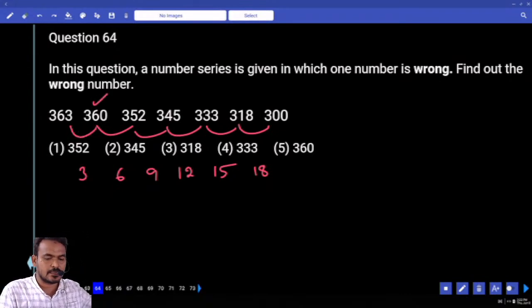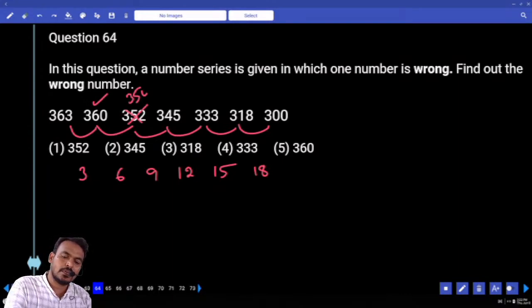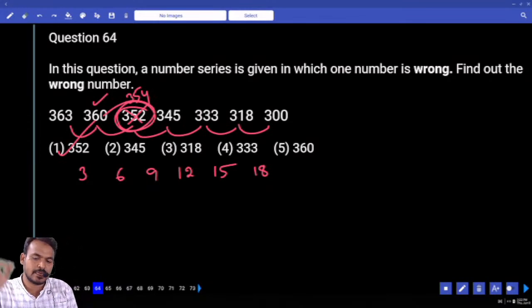Correct. 360 minus 6, 354. 354 minus 9, 345. What is the wrong number? 352. What is the sequence? 18, 15, 12, 9, 6, 3.